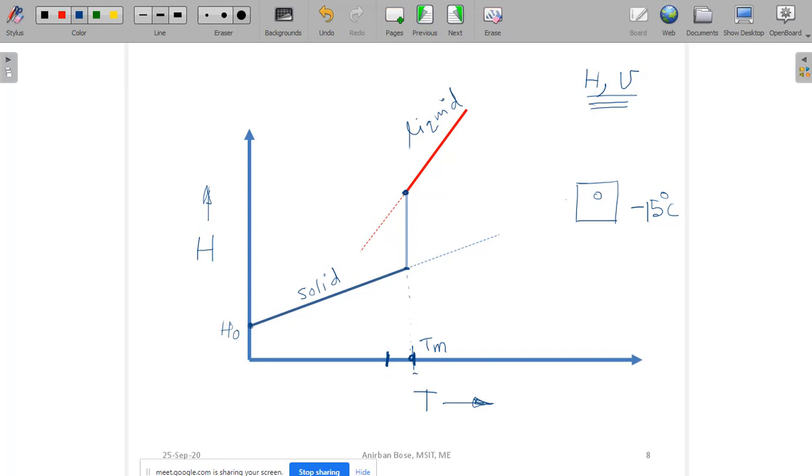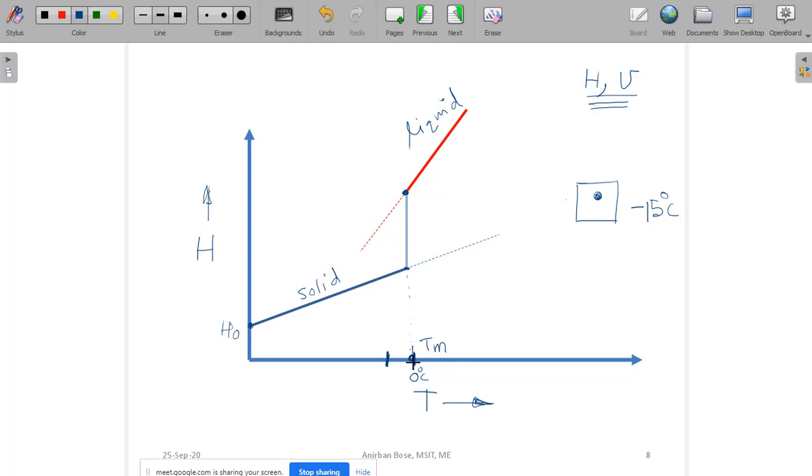Let us consider ice, for example, with a melting point of 0 degree centigrade at atmospheric pressure. If it is less than 0 degree centigrade, definitely the solid state is the stable state, because below the melting point the solid is stable. If you put liquid within a freezer at -15 degrees centigrade, naturally it will be converted into solid.